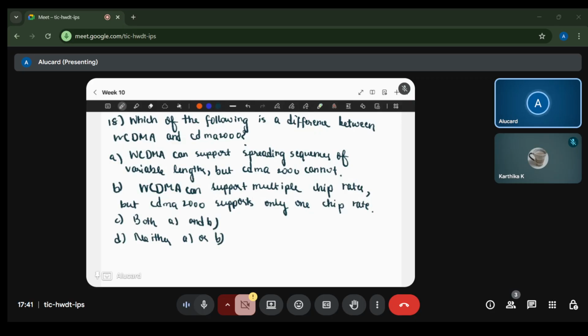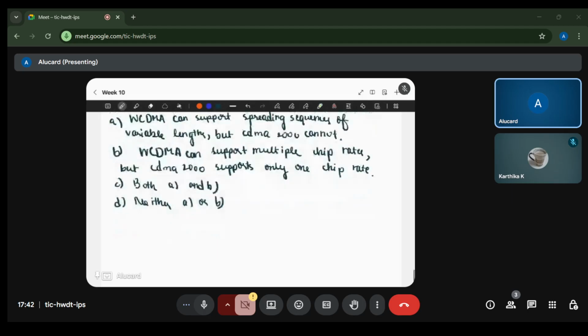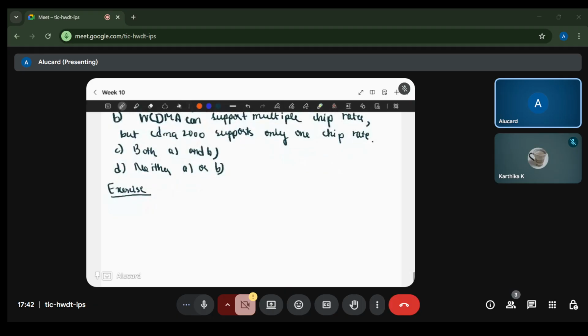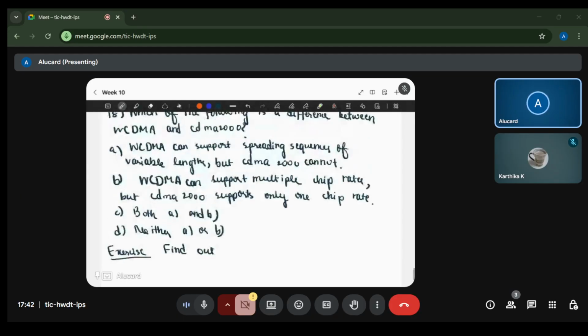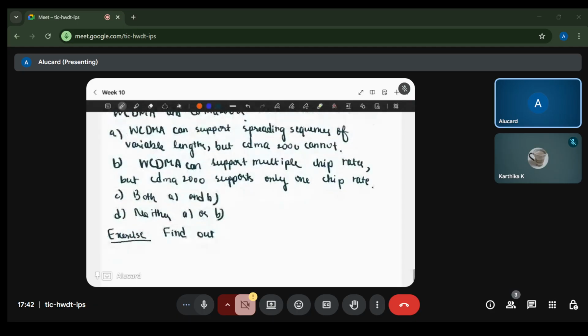I urge you to go and see the lectures and find out if, here, both options show that WCDMA can support spreading sequences of variable length and also support multiple chip rates.